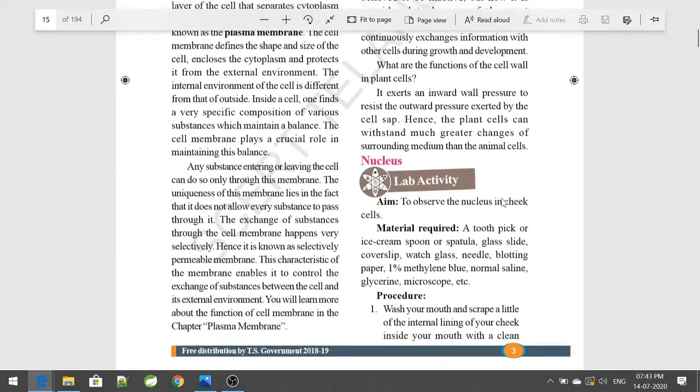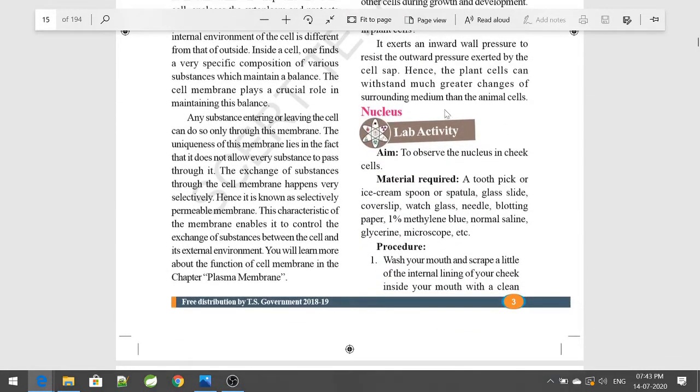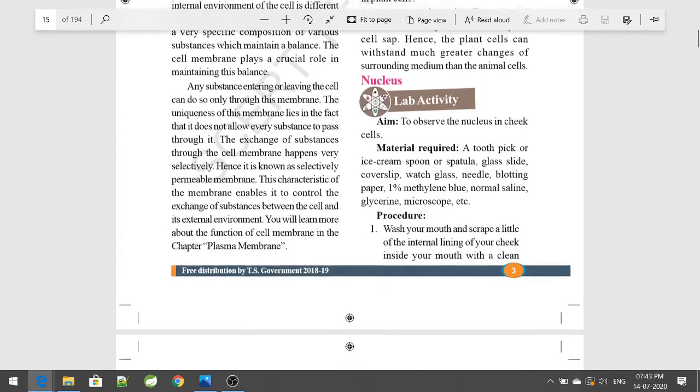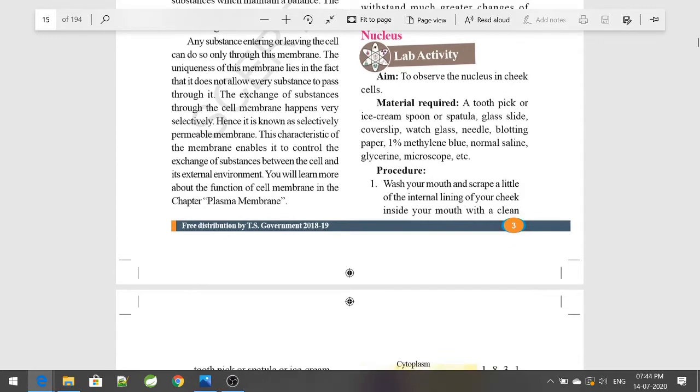And another activity for observing the nucleus, in cheek cells. Just take a toothpick, or an earbud, and place it under your cheek muscle, roll it and put it on the slide.